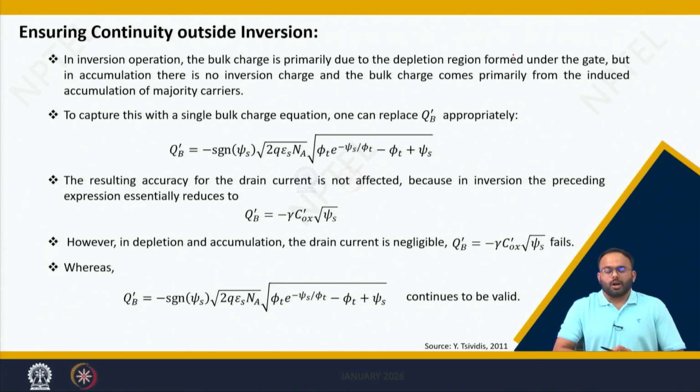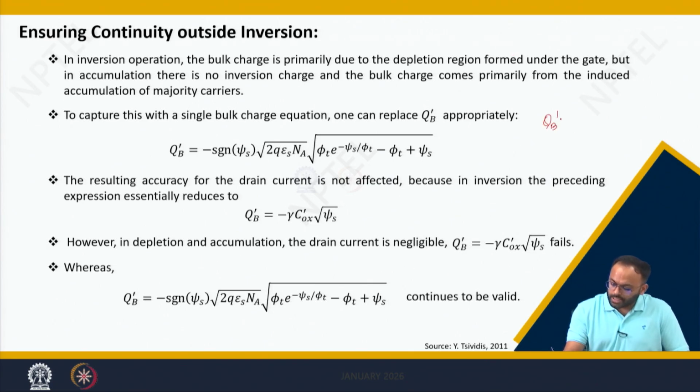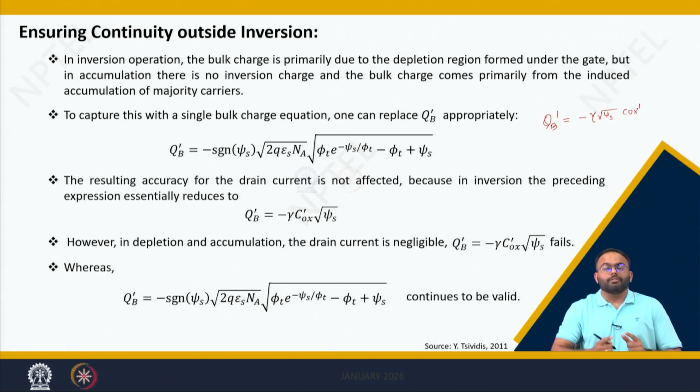Ensuring the continuity outside the inversion, meaning that we can linearize our QB dash equation, which is nothing but gamma into root psi s into Cox dash in inversion. However, when you talk about the all region model, it should actually follow in depletion, accumulation and other regions as well.